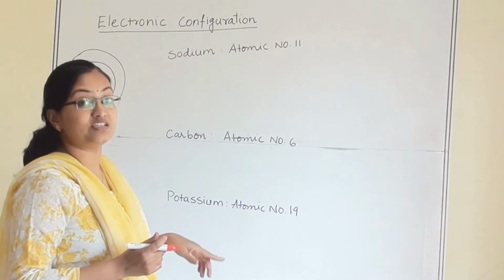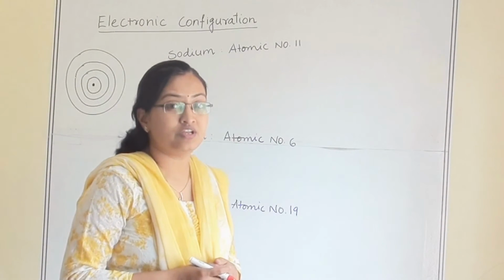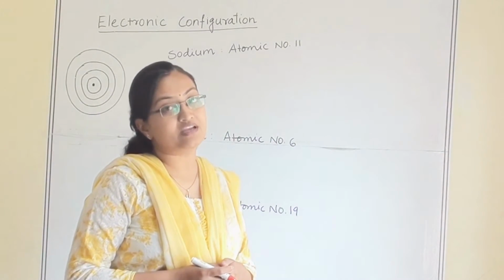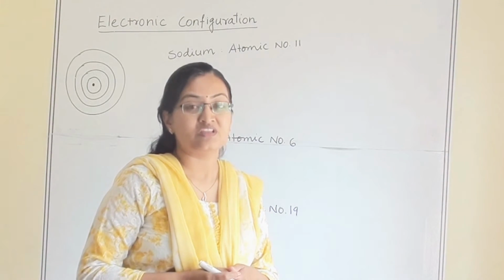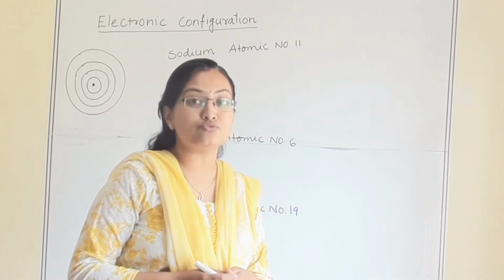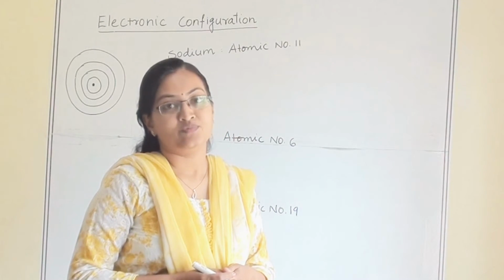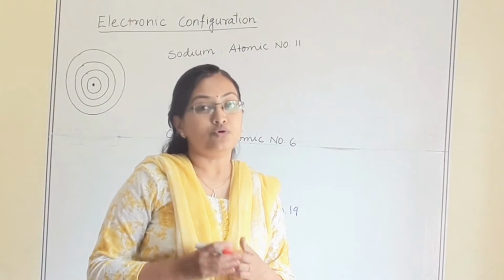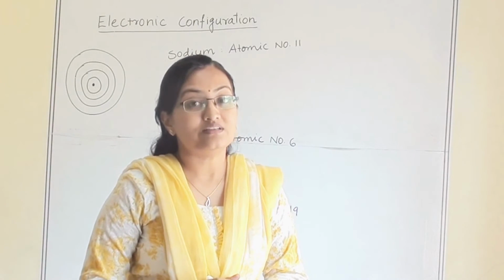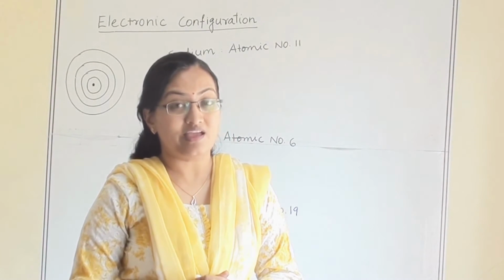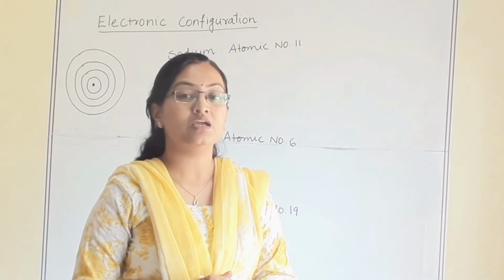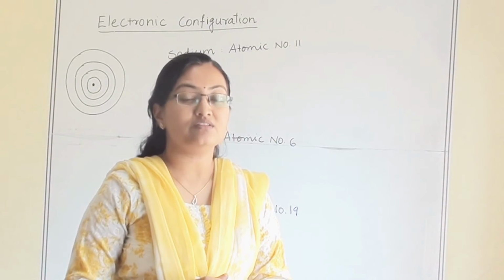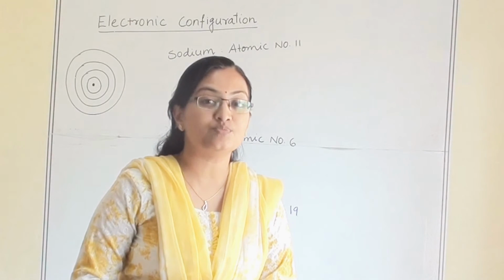When we are writing an electronic configuration, we need to know the atomic number of that element. In the 8th standard ICSE syllabus, elements 1 to 20 are included. So you have to remember the name and atomic number of each element, because in the exam most probably your teacher will not give you the atomic number.